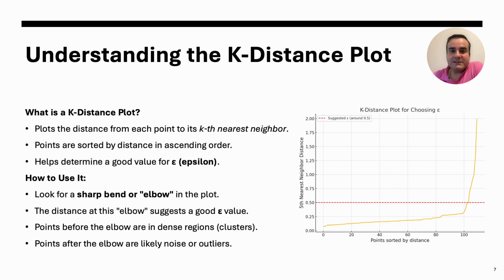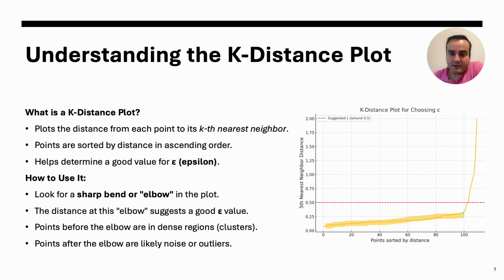Then we sort these distances from smallest to largest and plot them. The plot typically rises slowly at first because points inside the dense clusters have nearby neighbors.